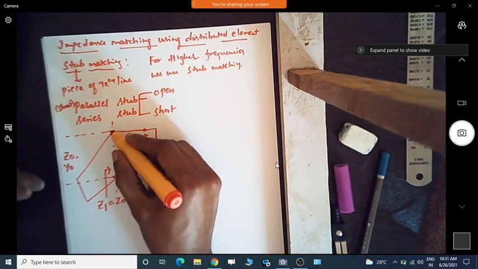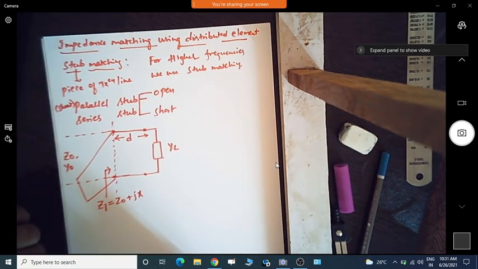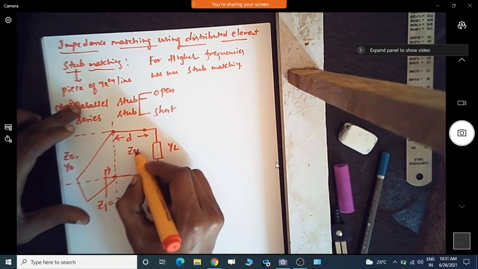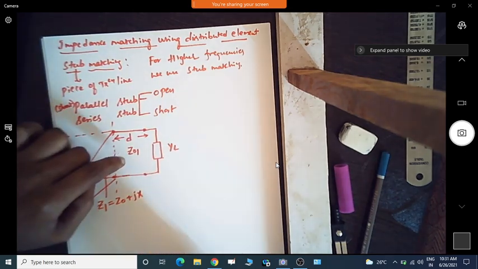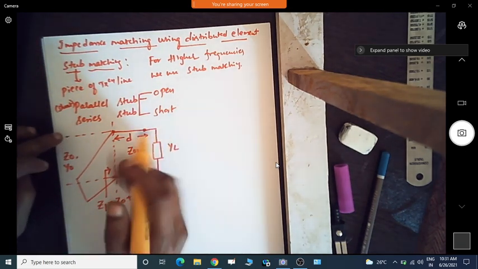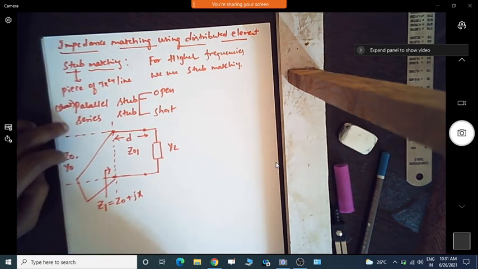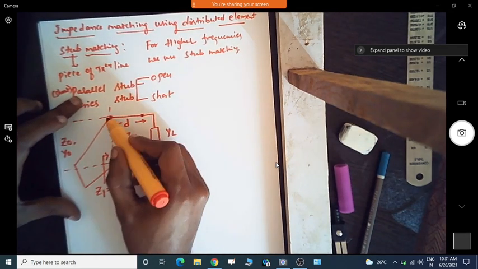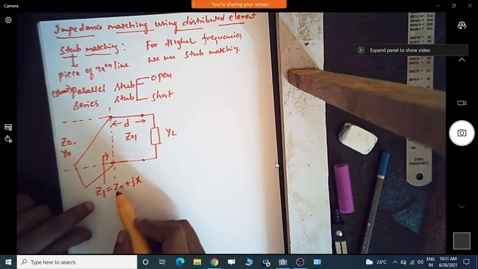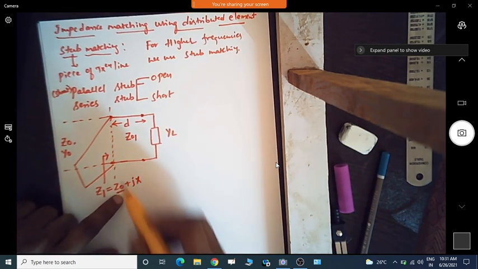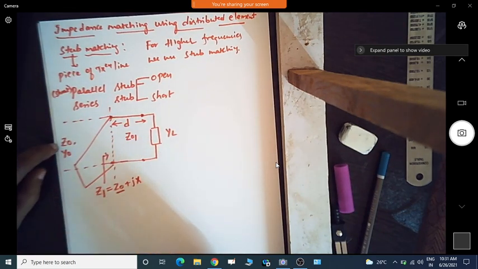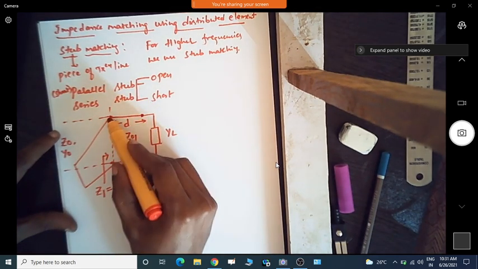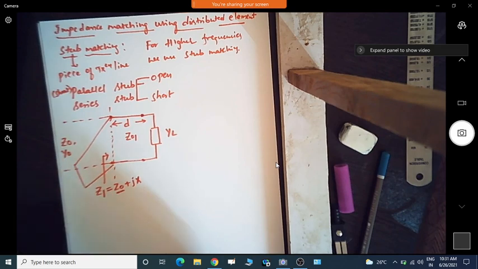We don't know how much reactance there is here. So we have to move from the load point to the stub point in such a way that the real part of the impedance seen at this point is equal to Z0.